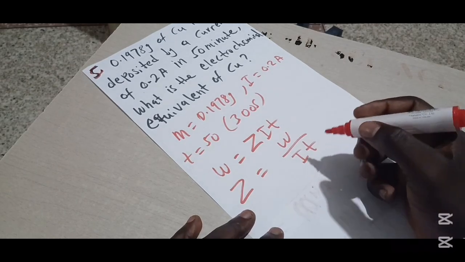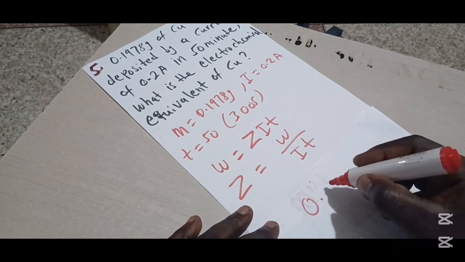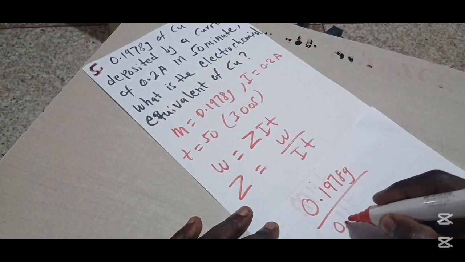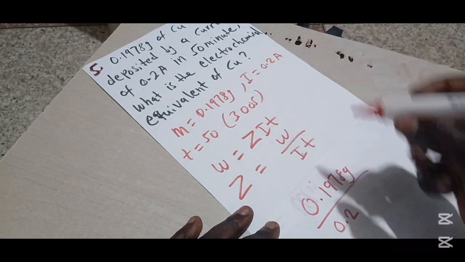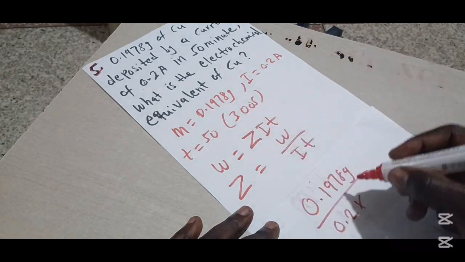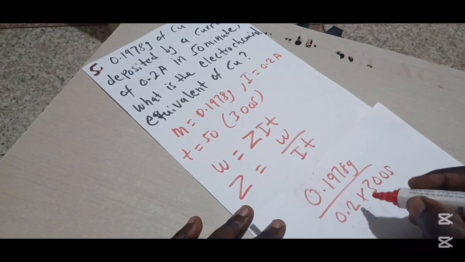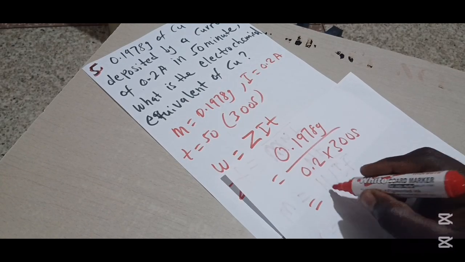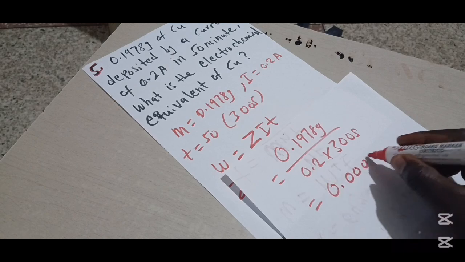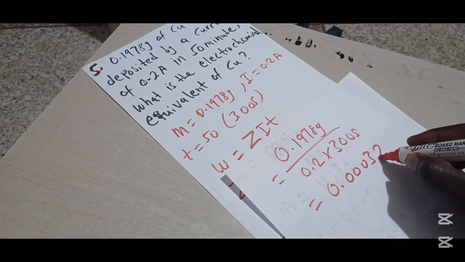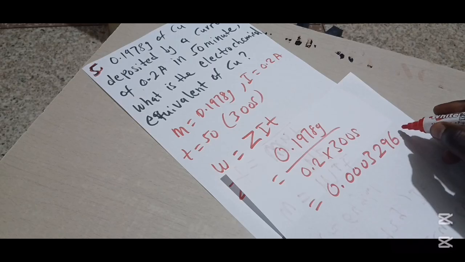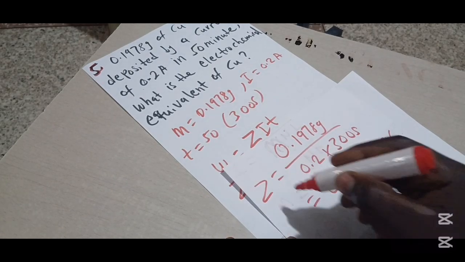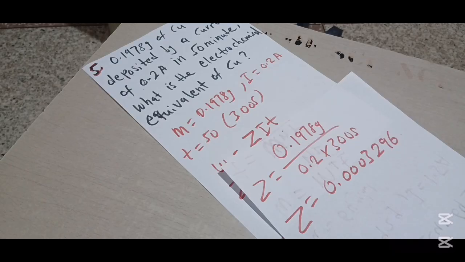We know our mass already to be 0.1978 grams, all over our current, 0.2, multiplied by our time, 3000 seconds. If you punch this on your calculator, this will be giving us something like 0.003296. So this is the value for our electrochemical equivalent.